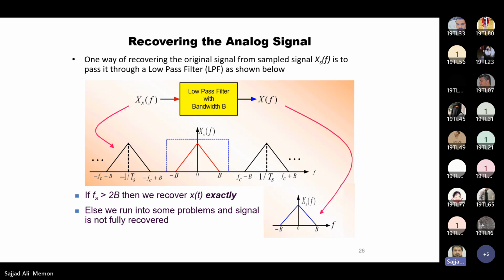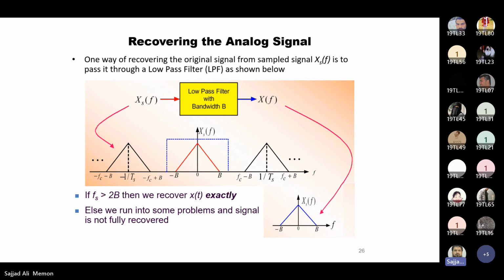Like in voice communication, we know that the actual bandwidth of voice is between 300 hertz and 3400 hertz, but we keep it at 4 kilohertz because this 700 hertz is like a margin.